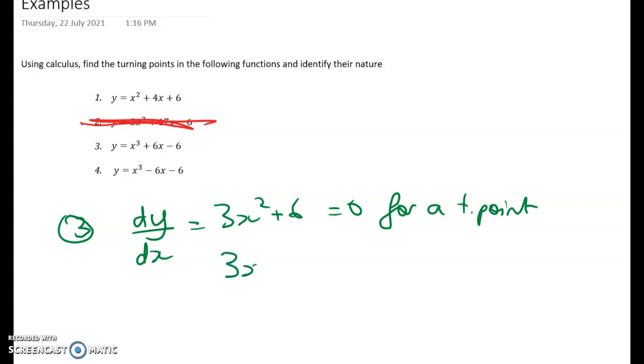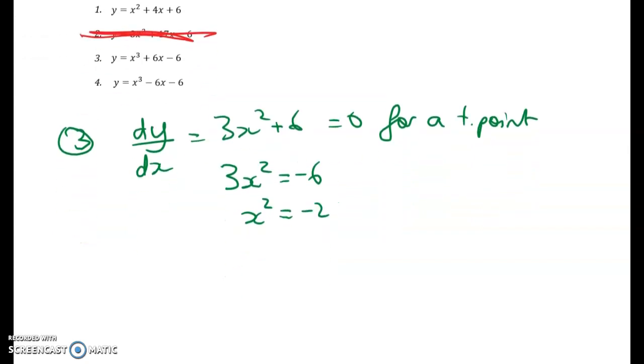So we're trying to solve 3x squared equals negative 6. X squared equals negative 2, and so that's got no real solutions. Right, there are no real numbers that when I square them will give me negative 2, so there is no turning point.